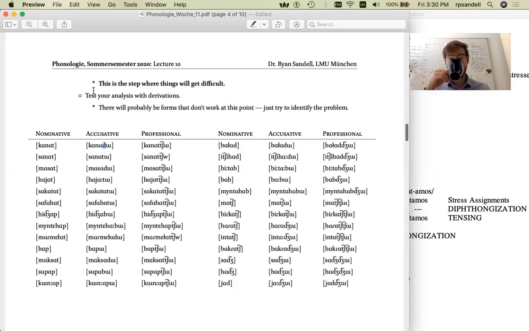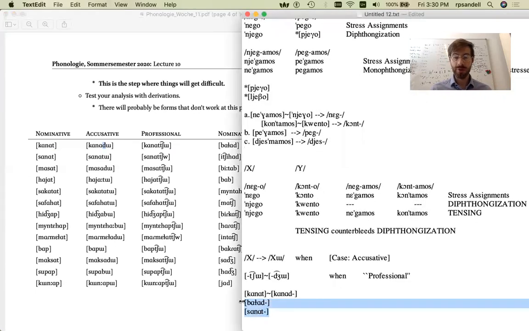But what we find here is that if we choose either a devoicing analysis or a voicing analysis, we will make incorrect predictions for some of the other data.